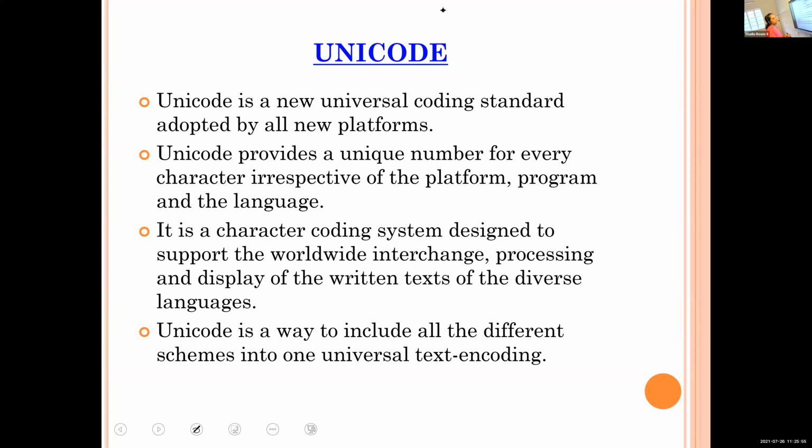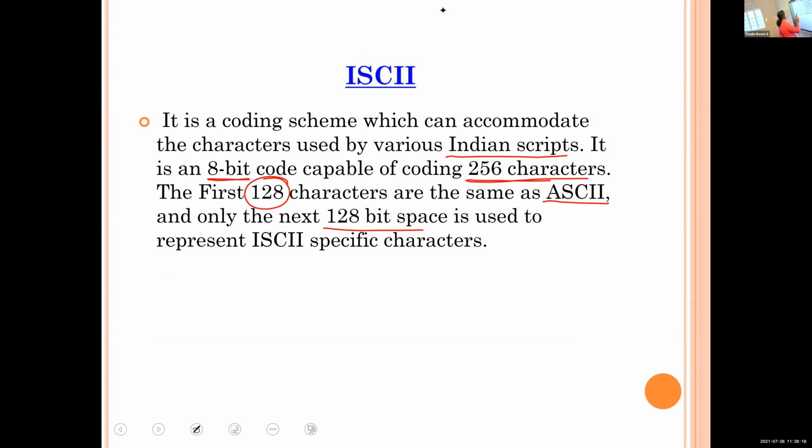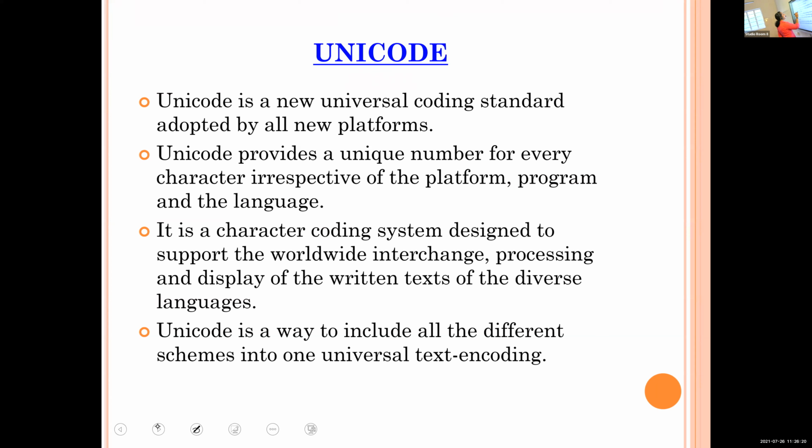We can use this Unicode in the Linux operating system, Unix operating system, Windows operating system. Those are the different platforms. So Unicode is a new universal coding standard adopted by all new platforms. Unicode provides a unique number for every character irrespective of the platform, program, and the language.